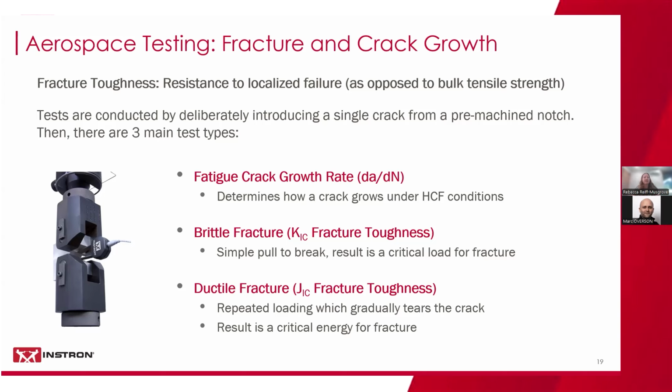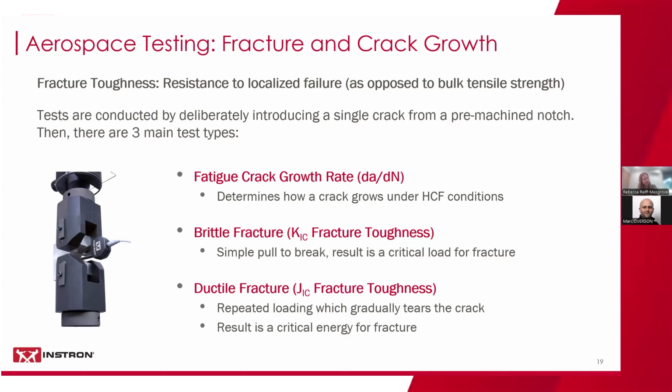And then we have three main test types from that. We have fatigue crack growth rate tests, otherwise known as da/dN, and they determine how a crack grows under high cycle fatigue conditions. We have brittle fracture, also known as K1C fracture toughness, where you then pull apart the sample and it has a brittle fracture, and the result that you get from that is a critical load for the fracture.